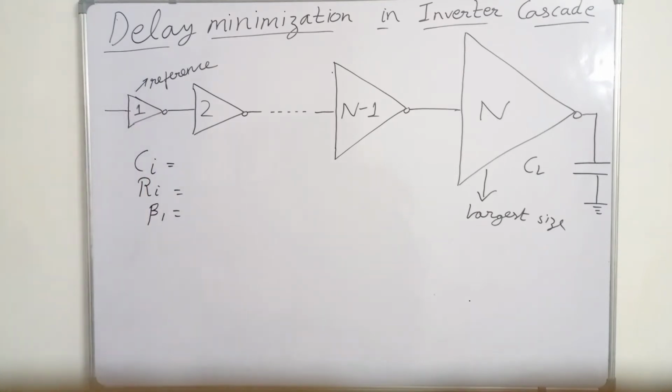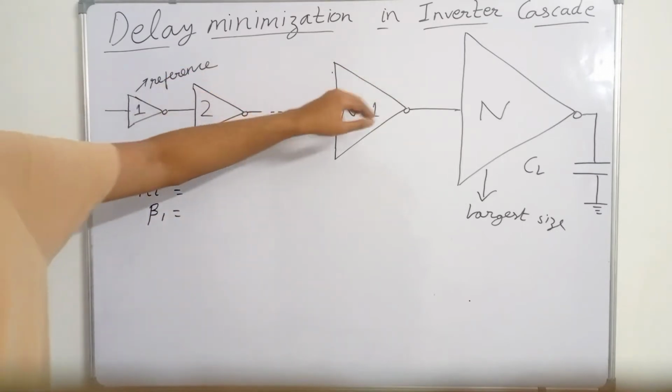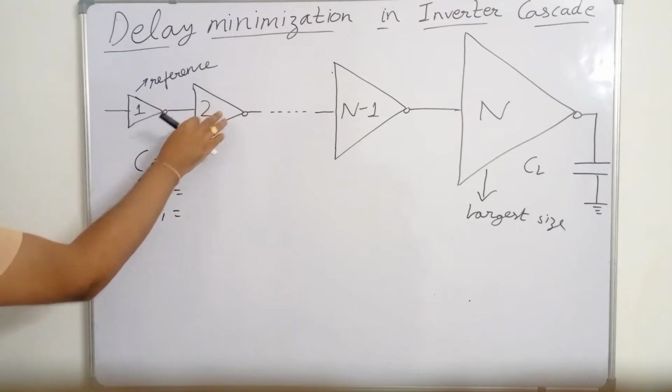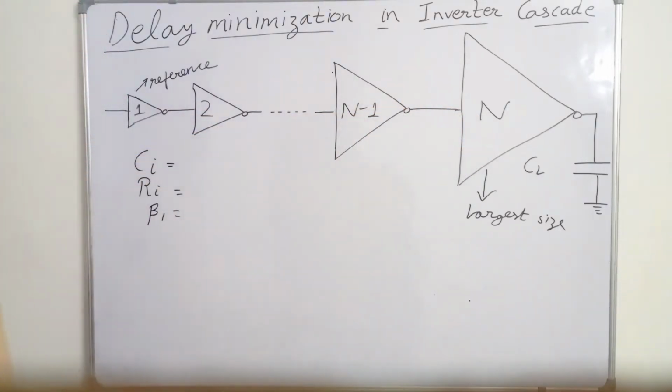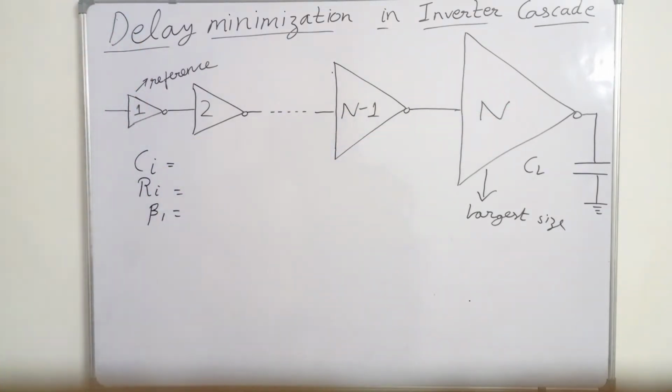As we move from 1 to n, these inverters get bigger in size. The second inverter is bigger than the first inverter, and the nth inverter is bigger than the n minus 1 inverter, so the nth inverter has the largest size. The stages are scaled such that the first is the smallest and n is the largest.